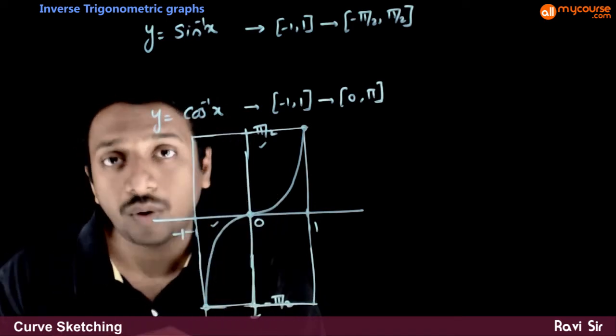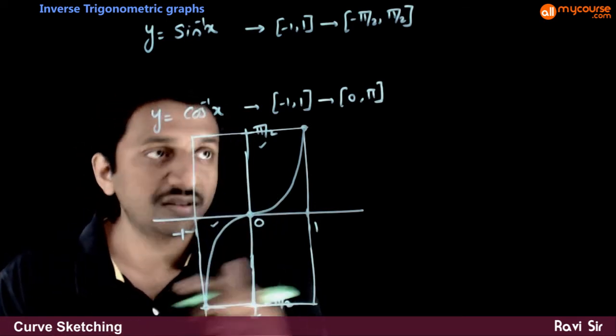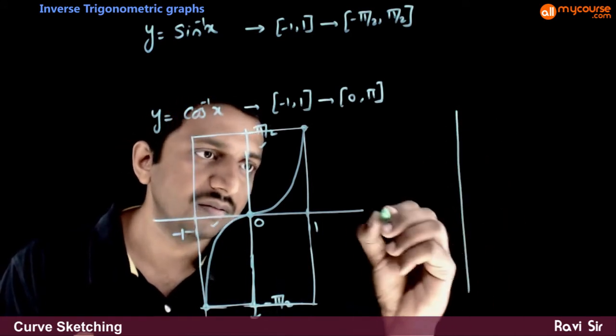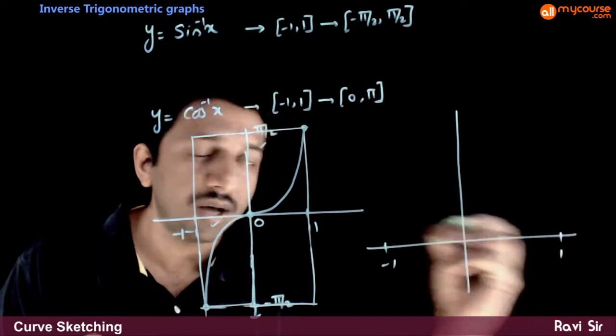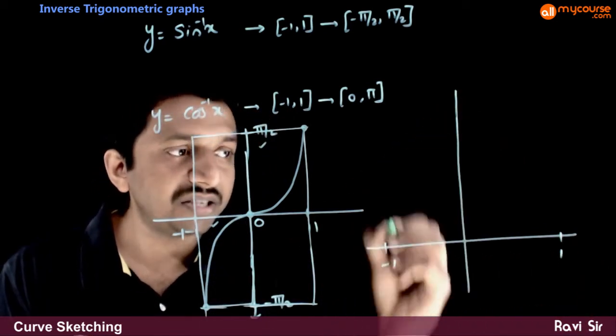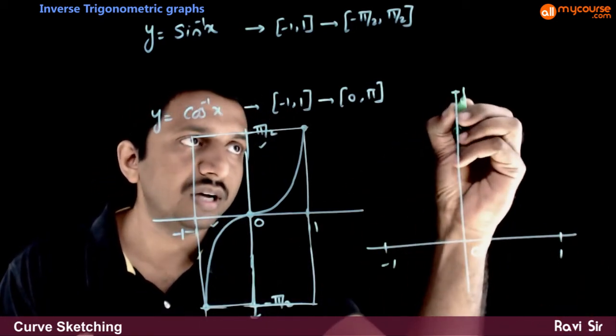And if you take y is equal to cos inverse x, here also the domain is minus 1 to 1, but the range is 0 to pi.